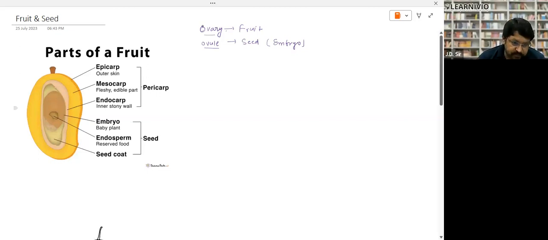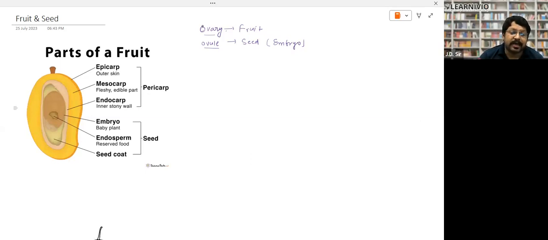So look, the fruit is made up of various parts. This is a mango. The outer skin which you peel out is called the epicarp. The juicy or pulpy, fleshy edible part is the mesocarp. In general, what we normally eat in a fruit is the mesocarp.